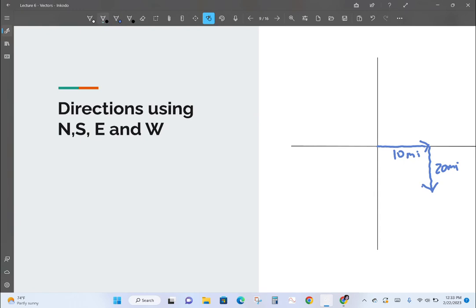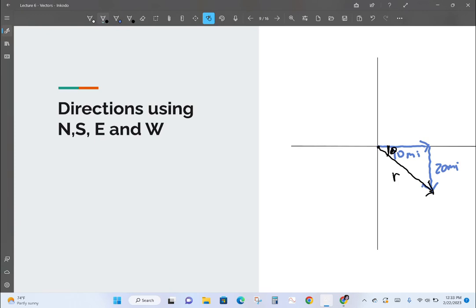So that resultant would start where he starts and be pointing at where he ends up. So we want to find this length, and the angle that we're going to choose is the one across from the y. So this is the angle that we want right here.